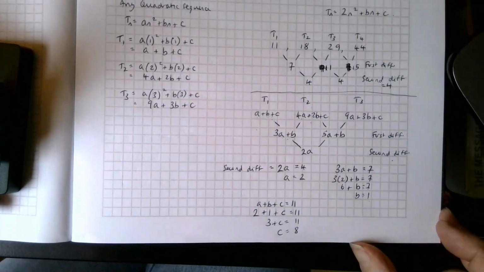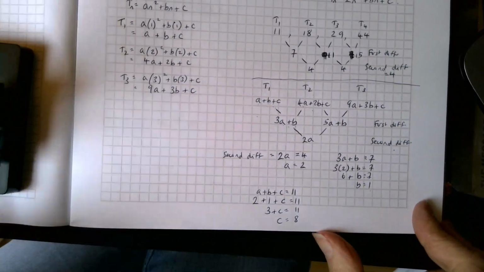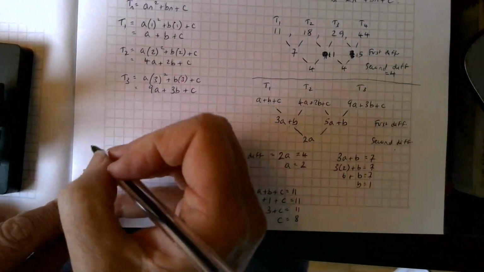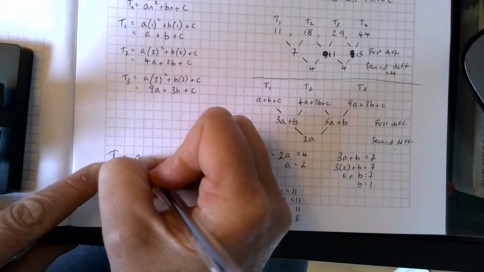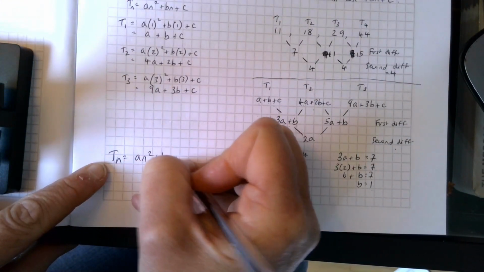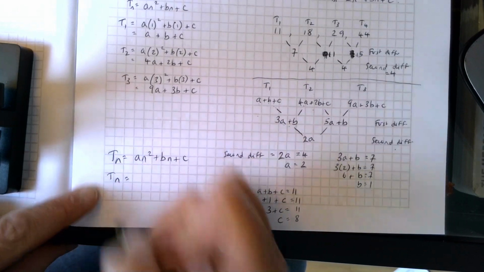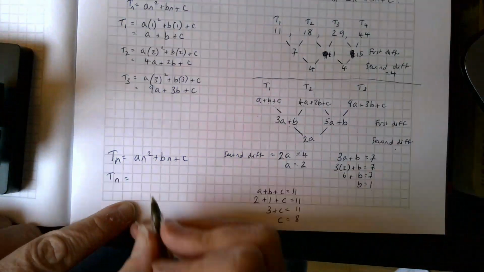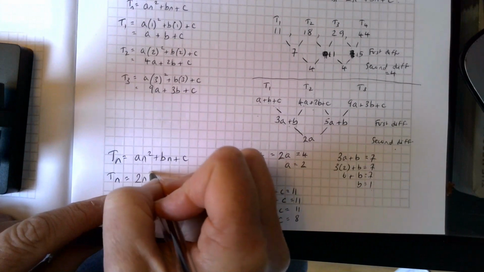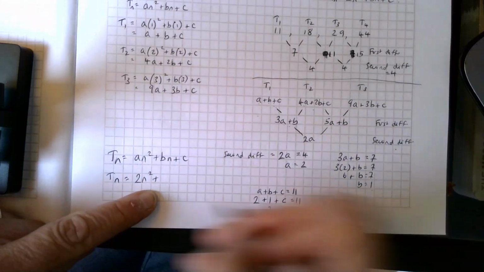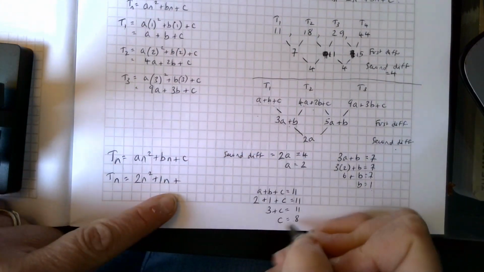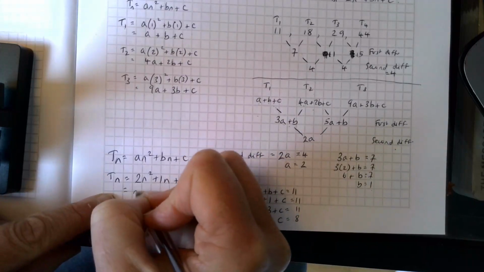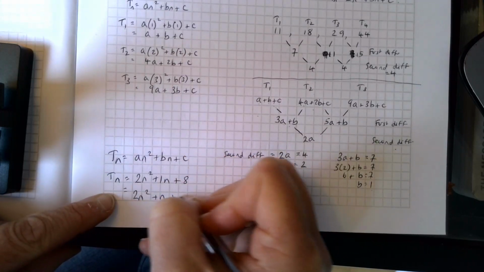I have that my general term for this sequence, Tn, which was an squared plus bn plus c, I now know for my specific sequence equals 2n squared plus 1n plus 8. In other words, it's 2n squared plus n plus 8.